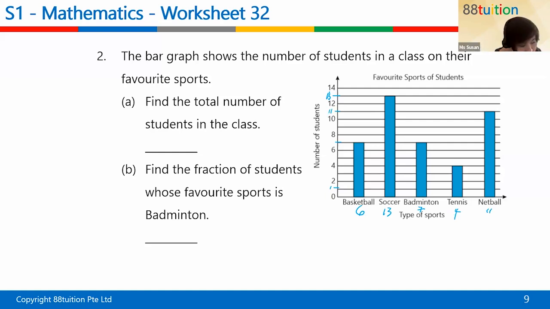netball. So in order to find the total, you have to add them together: 20, 30, 42, is it? Let me check. 6 plus 13, 7, 4, 11, 20, 30, 40.